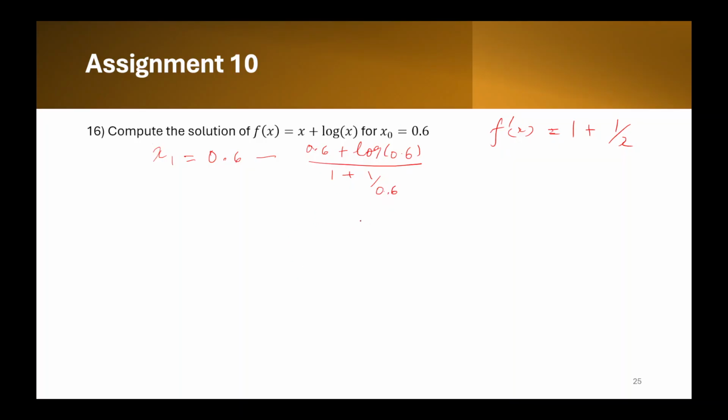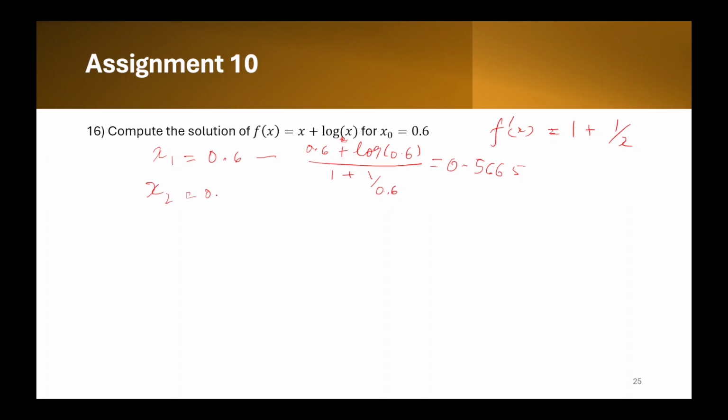This is log e, so ln. So your x1 comes out to be 0.5665.